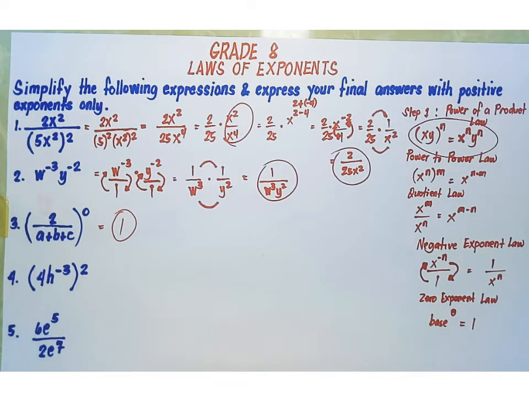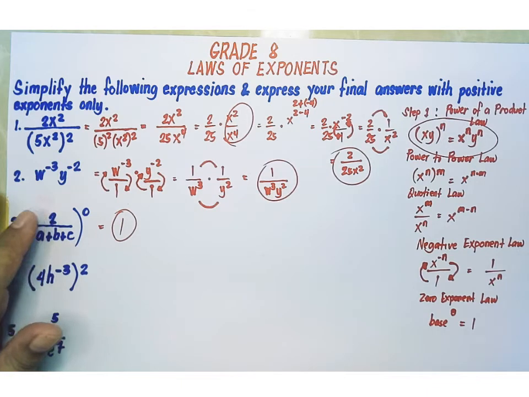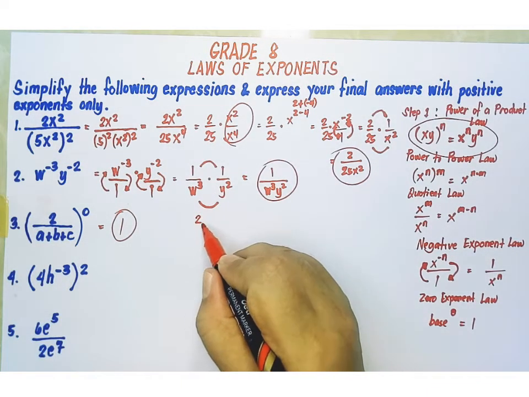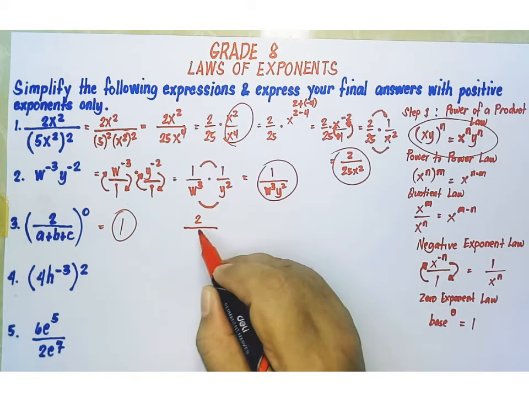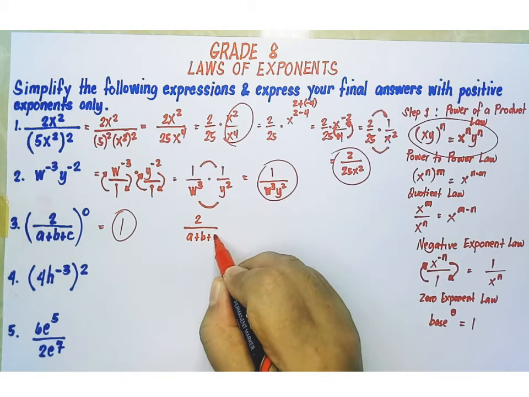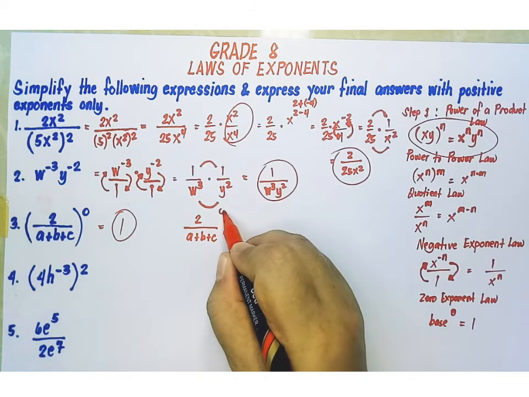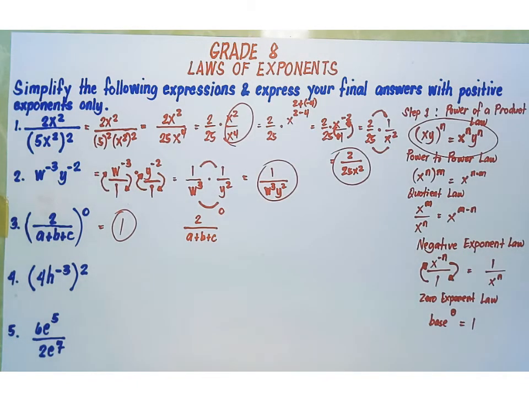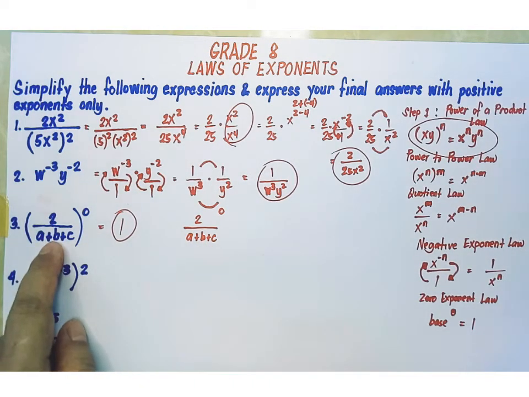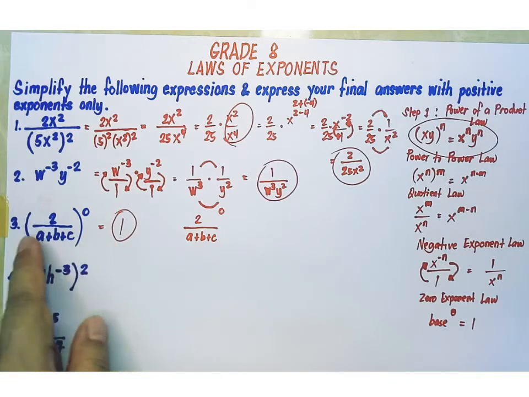Okay? So, please note the importance of the parenthesis in this problem. Kasi what if there is no parenthesis? So, yung problem mo magiging 2 over a plus b plus c. Tapos, may raised to 0 dyan. So, kung i-compare mo ito dito, anong difference?